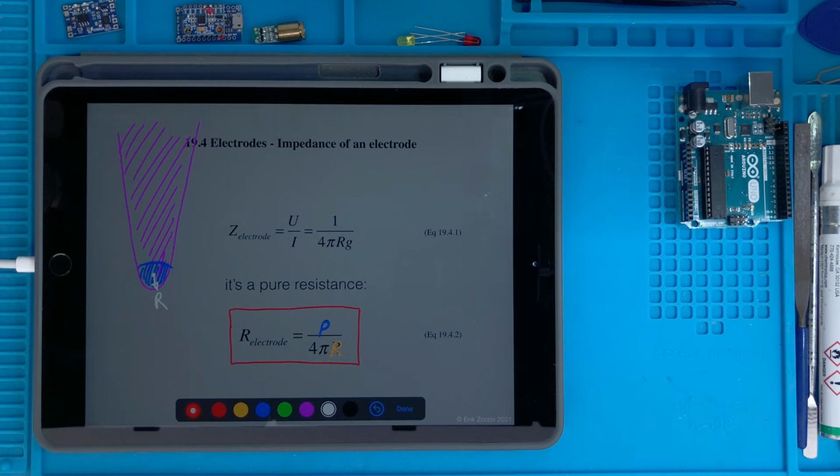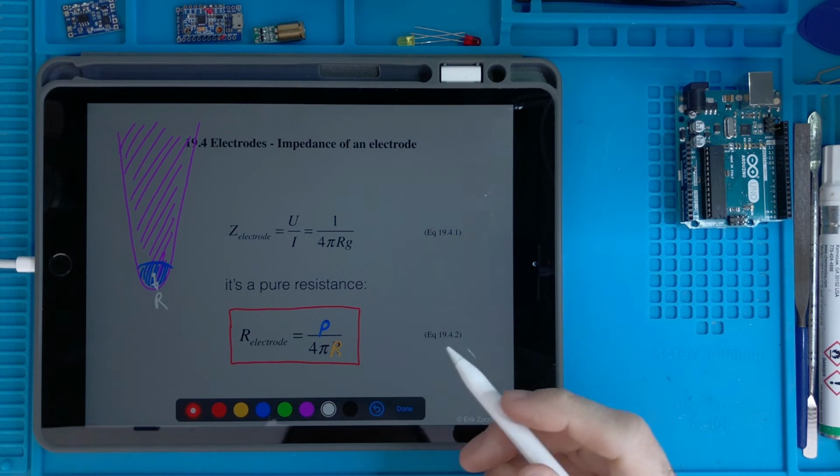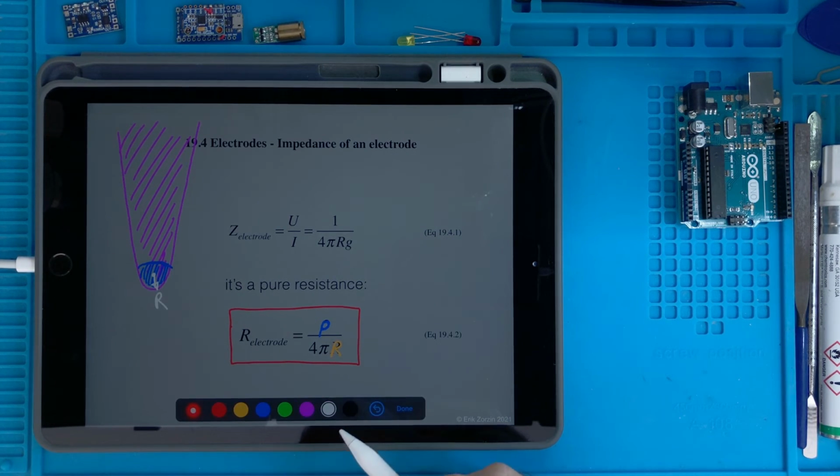So with this model in mind, we can think of modifying the shape of an electrode. We can manufacture the electrode sharper or less sharp, and by doing this we will modify its impedance. One technological method to change the impedance of an electrode, for instance, is to plate the electrode.